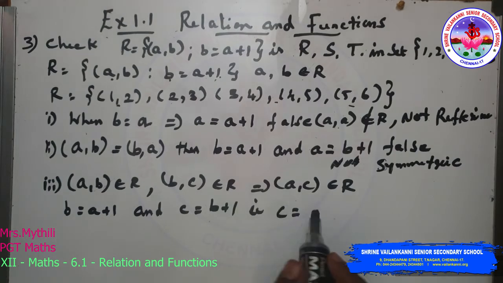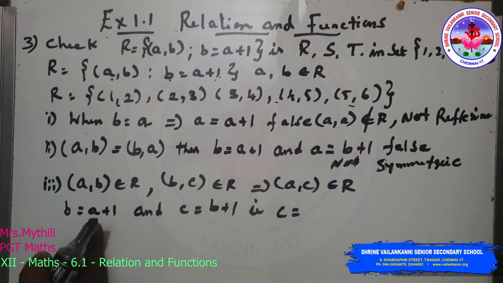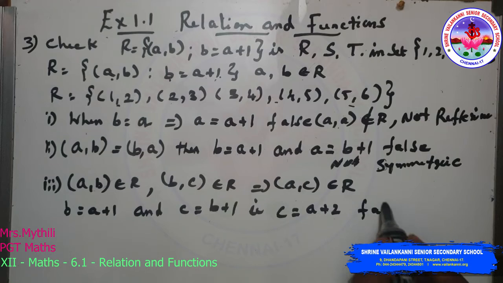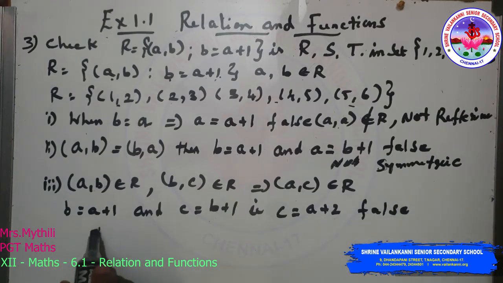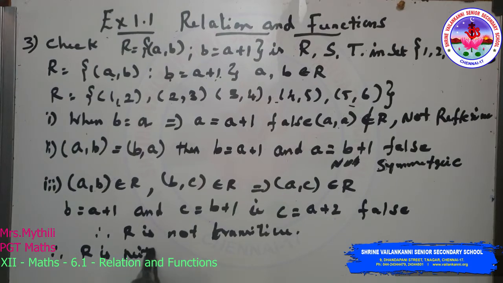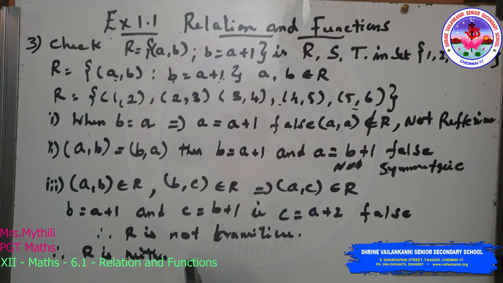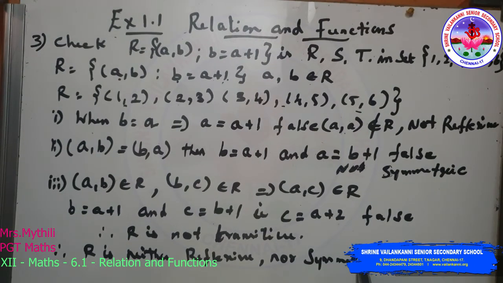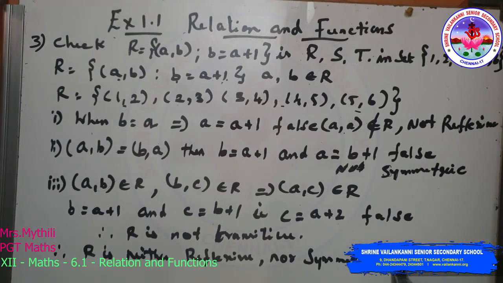That is, c = b + 1 = a + 1 + 1, which is equal to a + 2, which is again false. Then we can say that R is not transitive. Therefore, R is neither reflexive, nor symmetric, nor transitive.